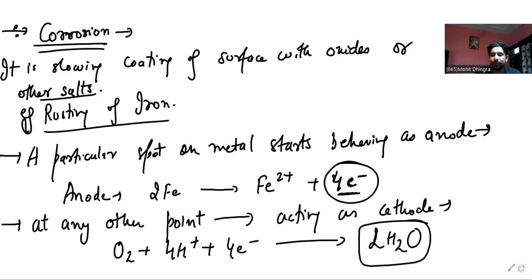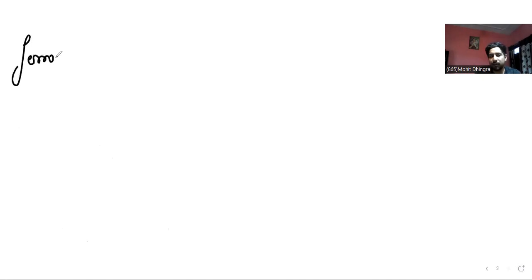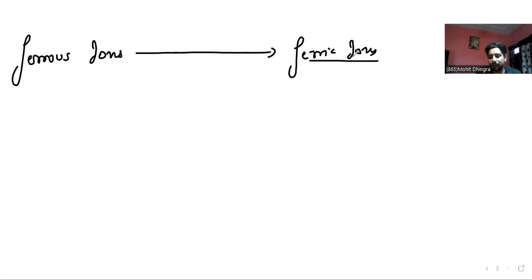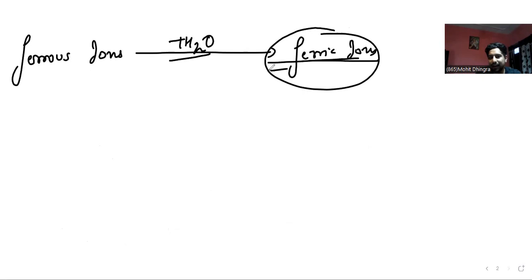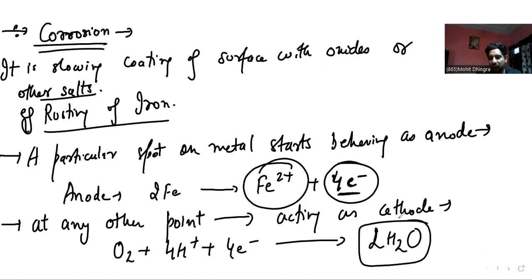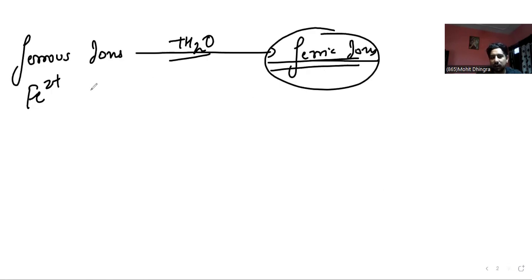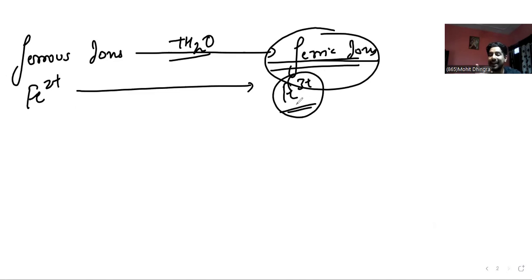Now these ferrous ions, what will happen now? These ferrous ions will be further oxidized to ferric ions. The Fe2 positive which was forming over here, with the help of the water which was formed at the cathode, will convert itself into Fe3 positive ions, the ferric ions.